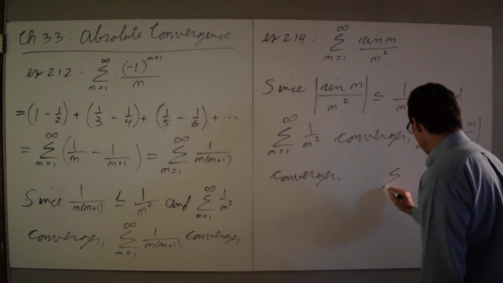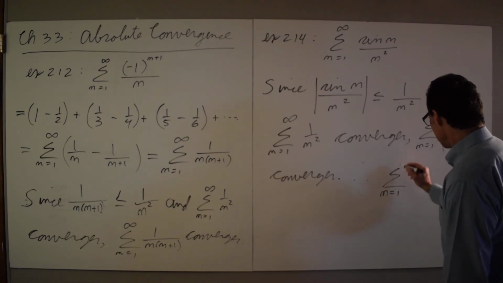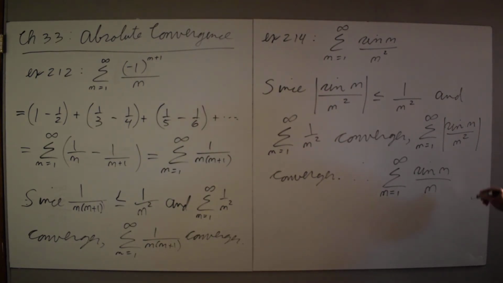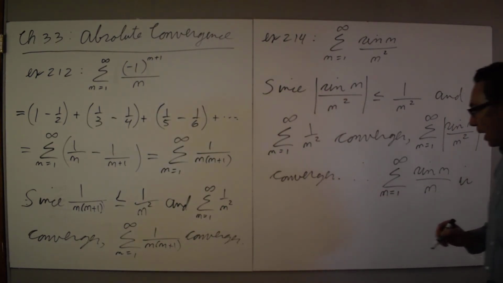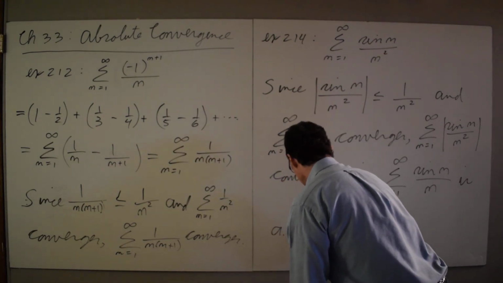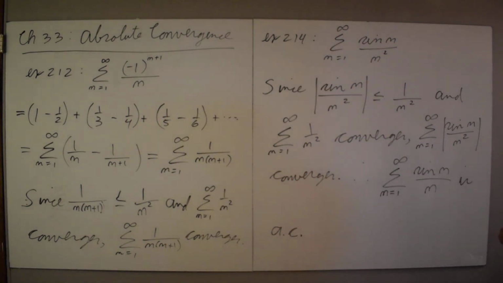Therefore, the series that we were given, sine n divided by n squared, is absolutely convergent. I will write AC for absolutely convergent.